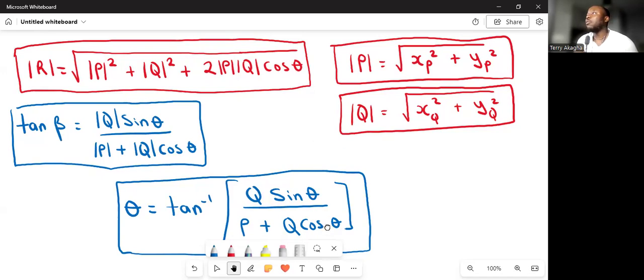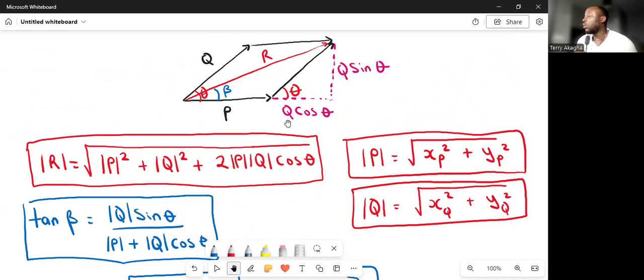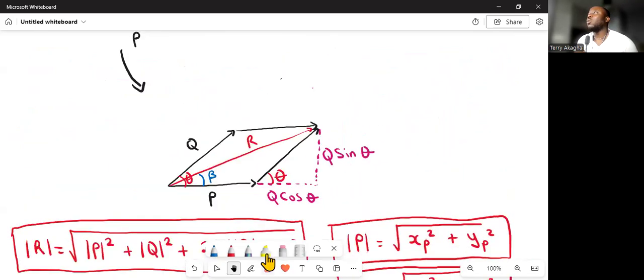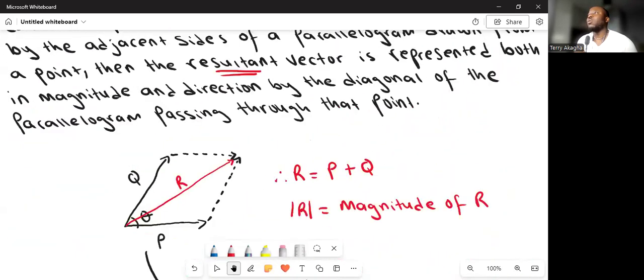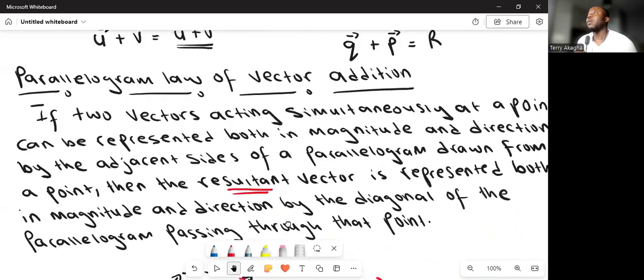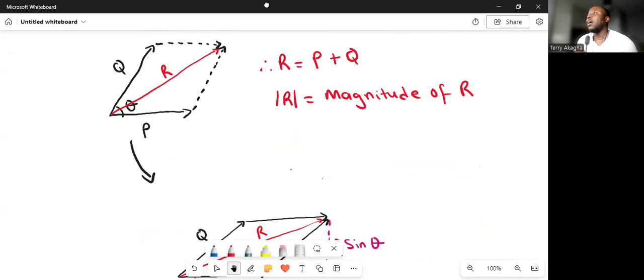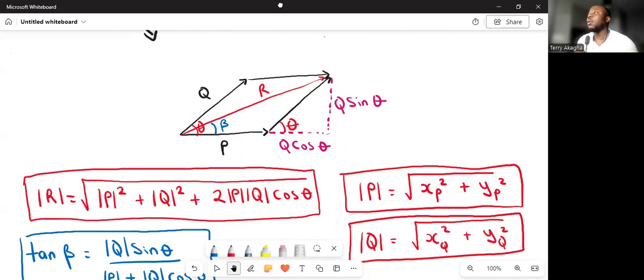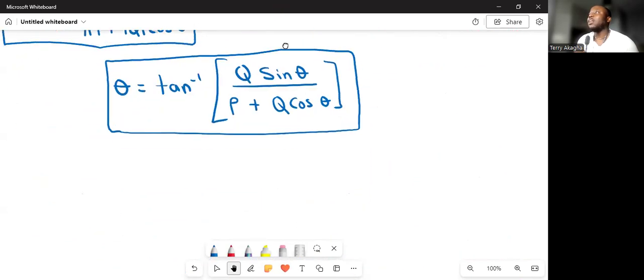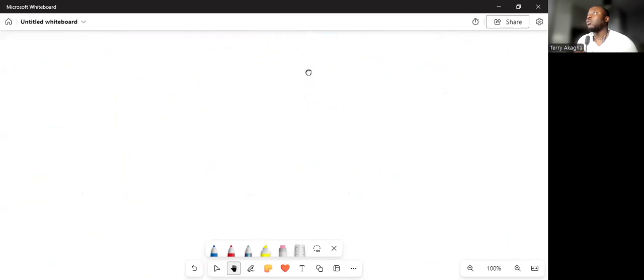So when you have parallelogram laws for addition, now we're going to talk about how we do subtraction. We just finished the parallelogram law of vector addition, and I've also talked about the formulas as well. So how do you do the parallelogram law of subtraction, I beg your pardon.